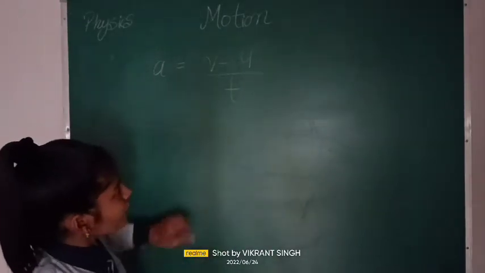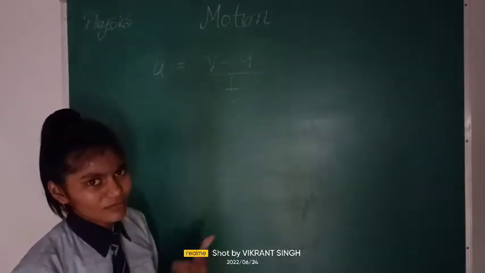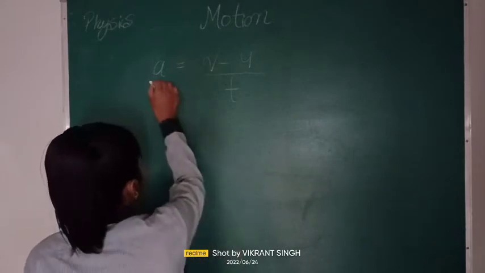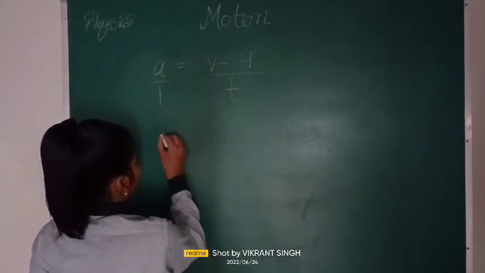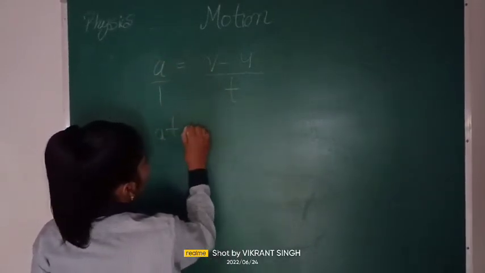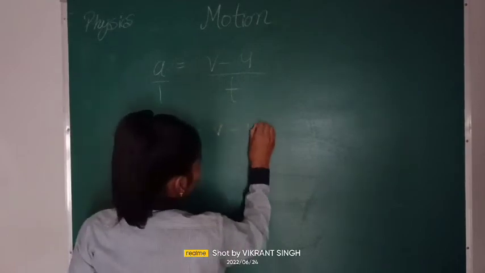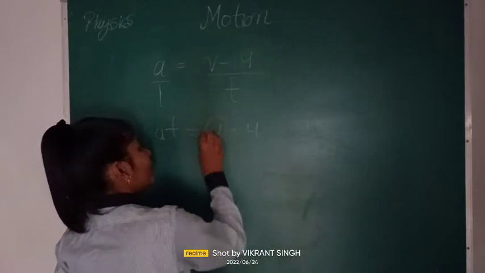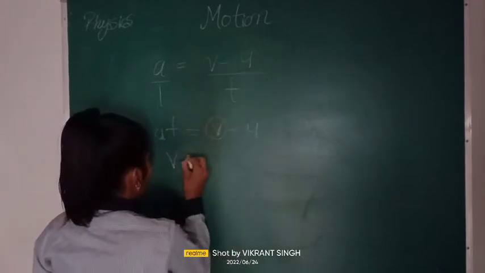Now if you look at this and do some simplifications, after cross multiplying you can get that at is equal to v minus u. At is equal to v minus u. And if you want to get the value of v, can you find?